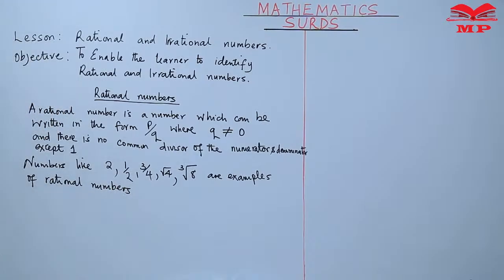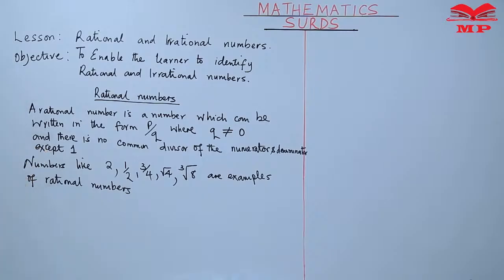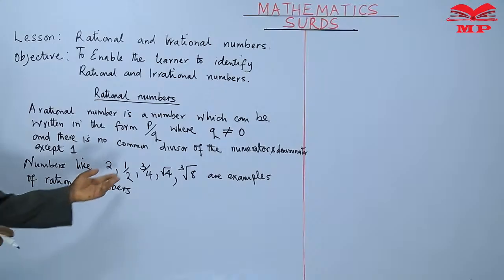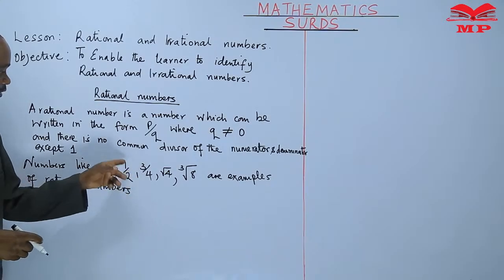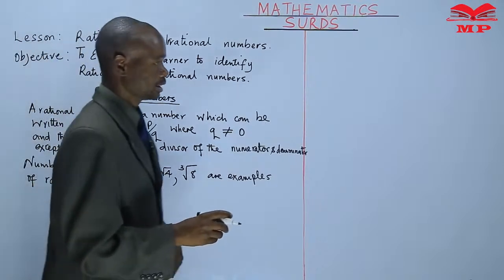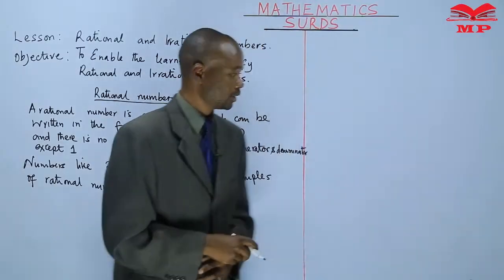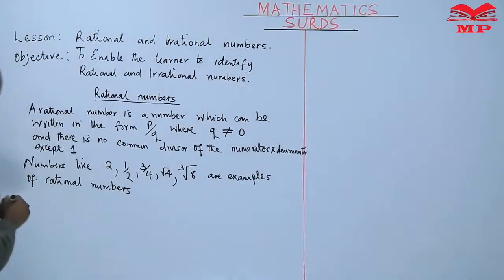And it is true from what we saw that there's no common divisor of the numerator and the denominator except 1, in 3/4, 1/2. We are also told terminating decimals and recurring decimals are also rational numbers.